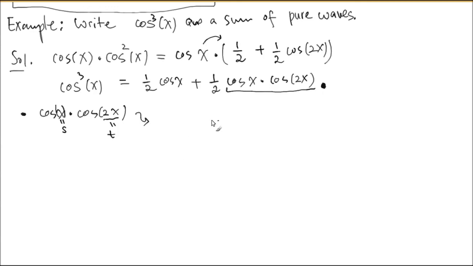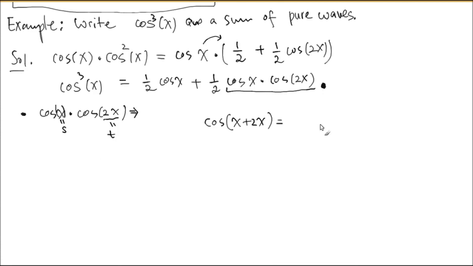What is the cosine addition formula here? It's the cosine of the sum of these two things, s plus t. What is s plus t? x plus 2x. You write that down. I want you to leave a little space here, and I'm going to show you what happens there. See what I'm doing? Why don't we take a look at the cosine addition formula? This will show up.